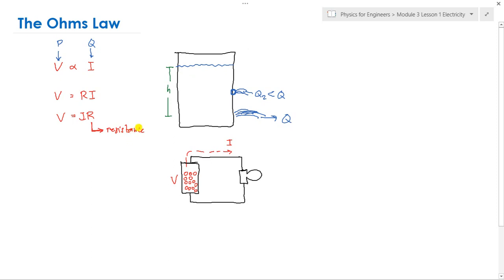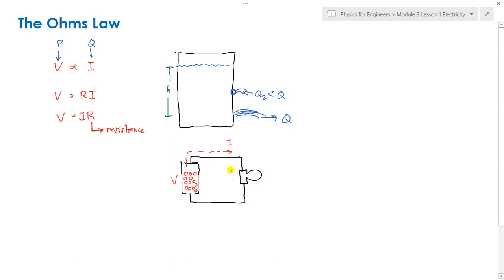So meaning, if we have a voltage here, we can have a lot of current flowing at a certain period of time, because that is charge per unit of time, but we are not sure that the charge will flow immediately from the battery to our bulb without any resistance or restrictions.